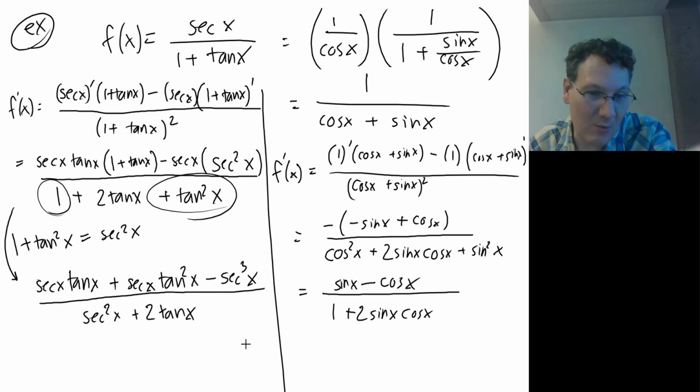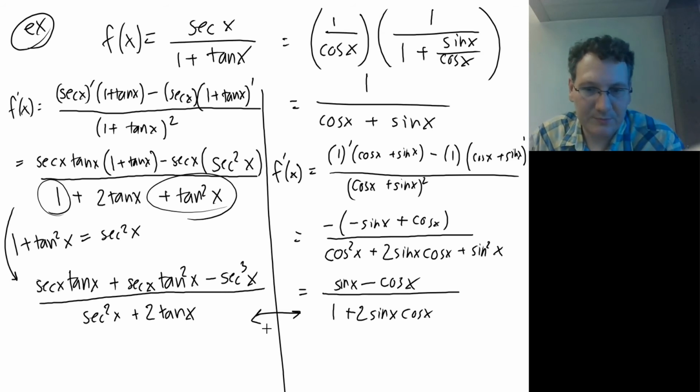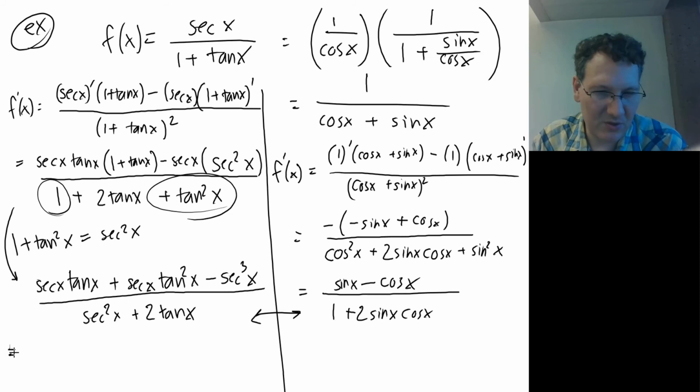Now, if I wanted to, I could fiddle around with things and show that these two things are indeed equal. I don't really feel like doing that, but you can see what would get you there. I'm going to do one little thing.